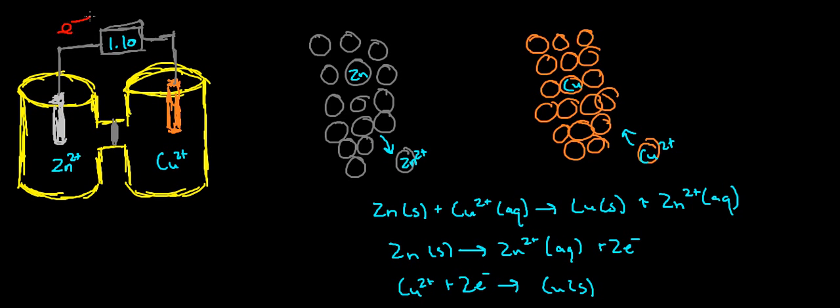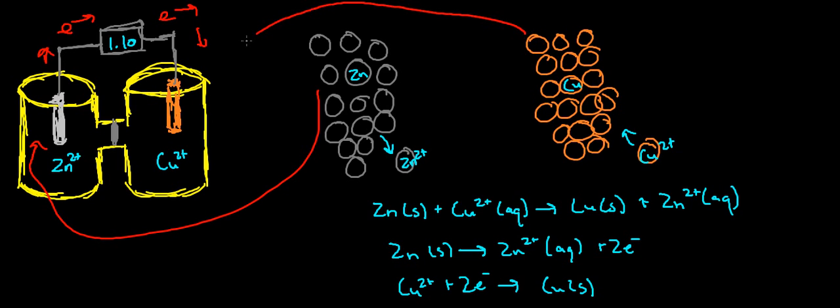The electrons are traveling this way. And this is what's going on at the solid over here, and this over here. As the electrons leave, these zincs go from solid to becoming an ion. So it leaves, and then as the electrons travel over here, these copper ions are attracted to the cathode over here, and then they join to become a part of this solid. So this solid gradually will dissolve away, and this one will get larger and larger.